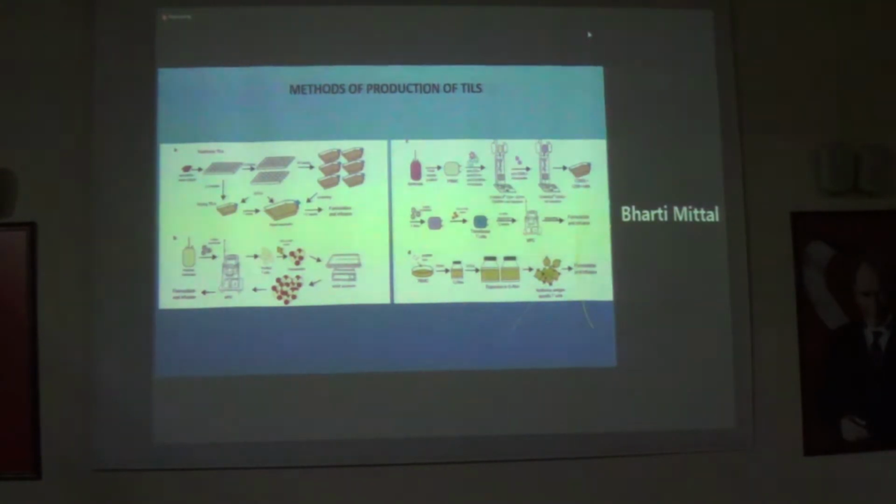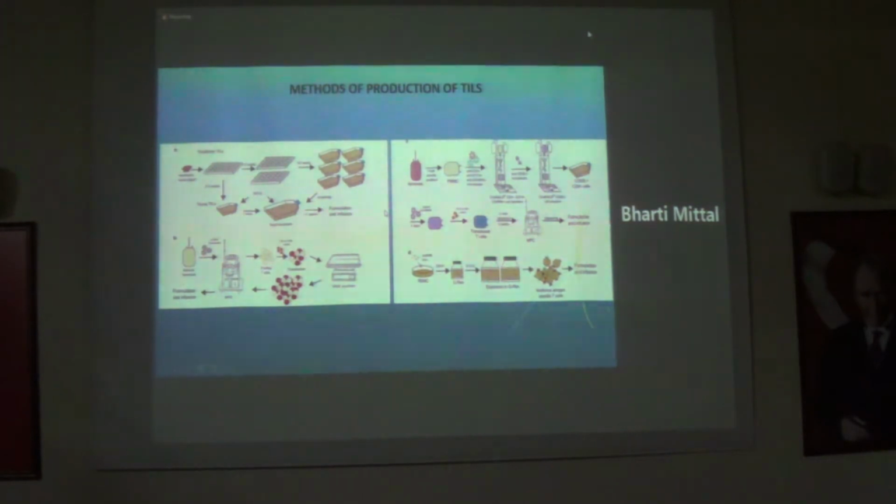Then these enriched cells are incubated with the CAR cells. First we activate them using CD28 or CD3 microbeads, and then these activated T cells are incubated with the CAR using a vector. Then these modified CAR cells are expanded in culture up to the optimal number of cells and given back to the patients.